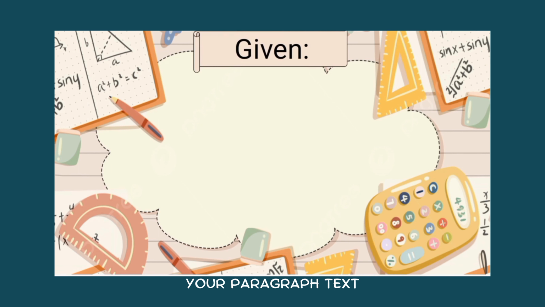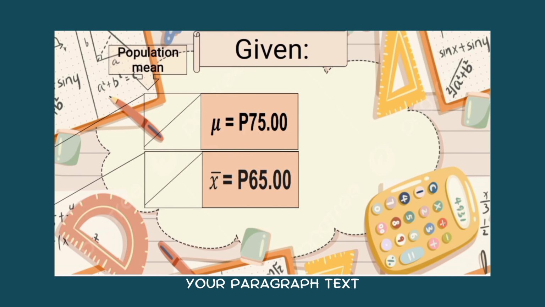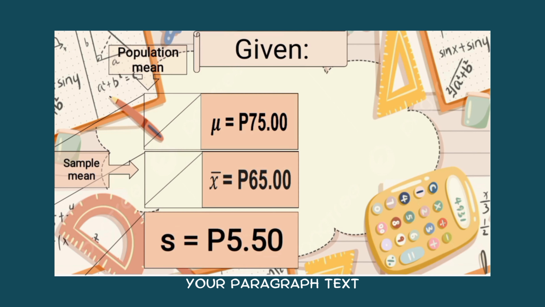So now let's have first our given. So the mu is equal to 75 pesos, which is the population mean. And x bar is equal to 65 pesos, which is the sample mean.